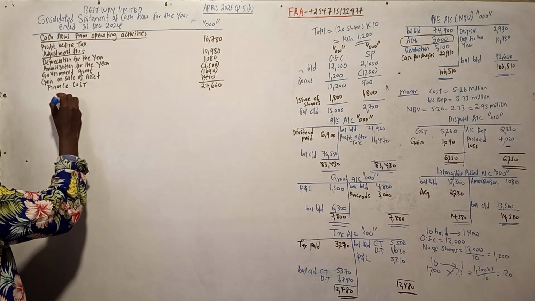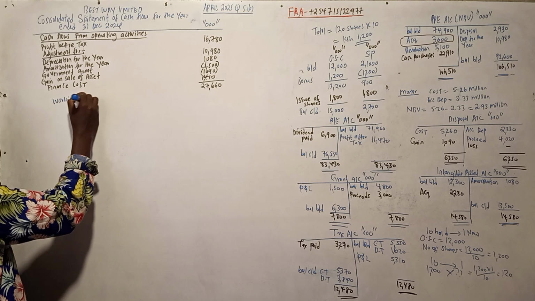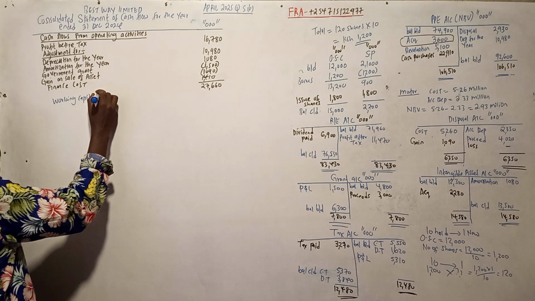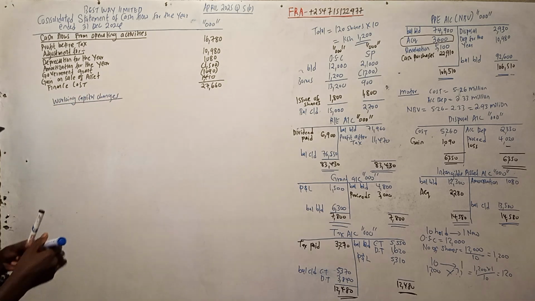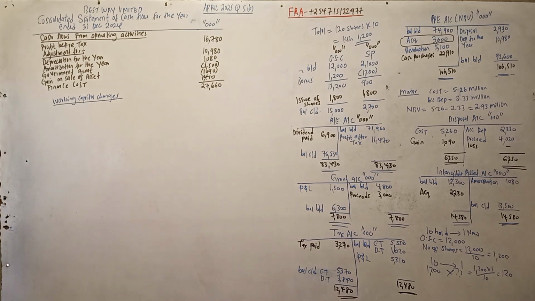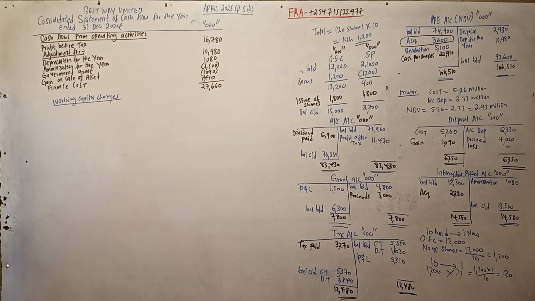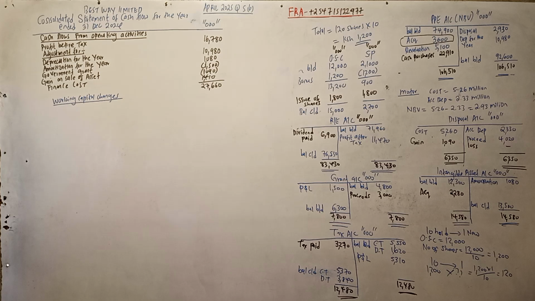So working capital changes. We start with the first one. We have the current assets, and specifically we shall look for the inventory.